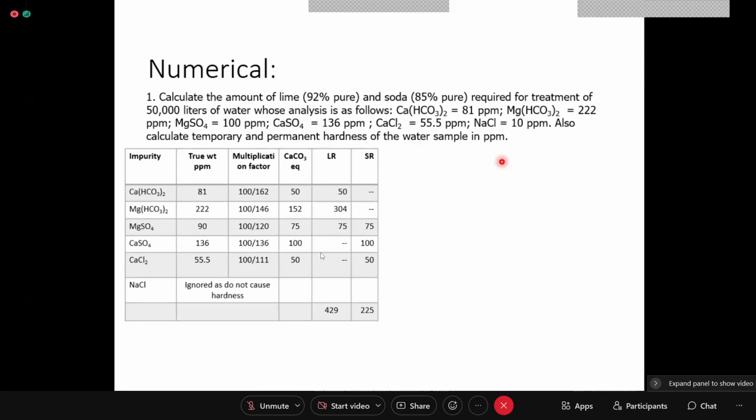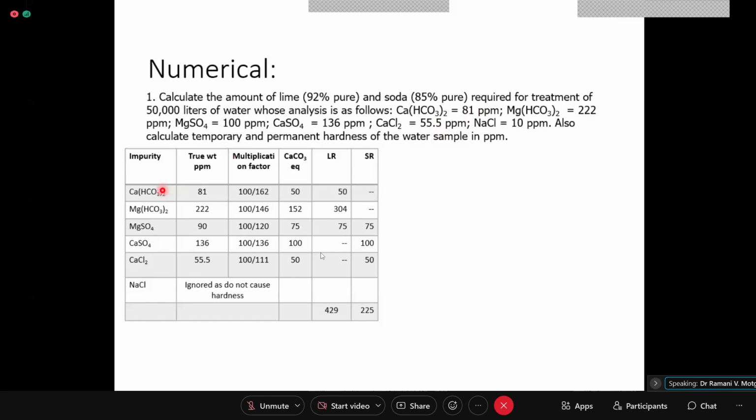Now, when there is a numerical, there is no need to write the whole numerical every time. If it is in the soft copy, what you can do is directly prepare such a table. So in your register or notebook, you write impurity on one side. Now, the numerical is there on your laptop or computer.